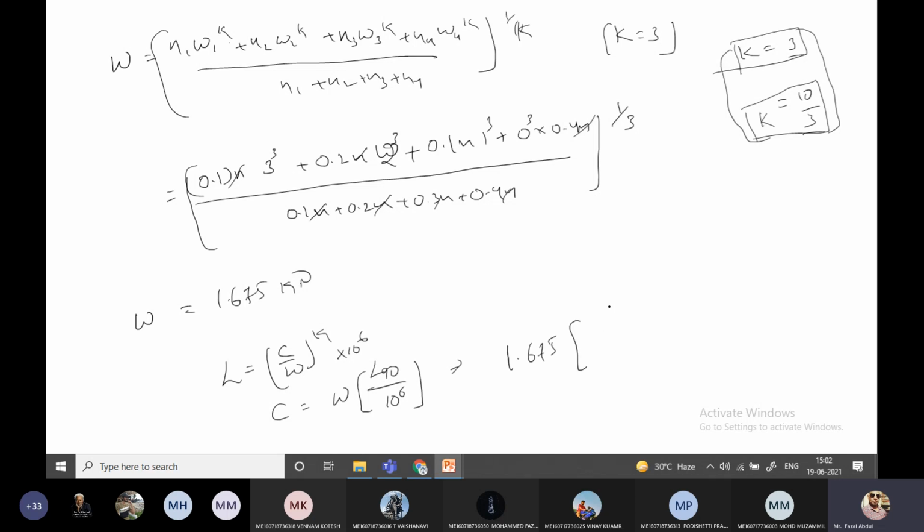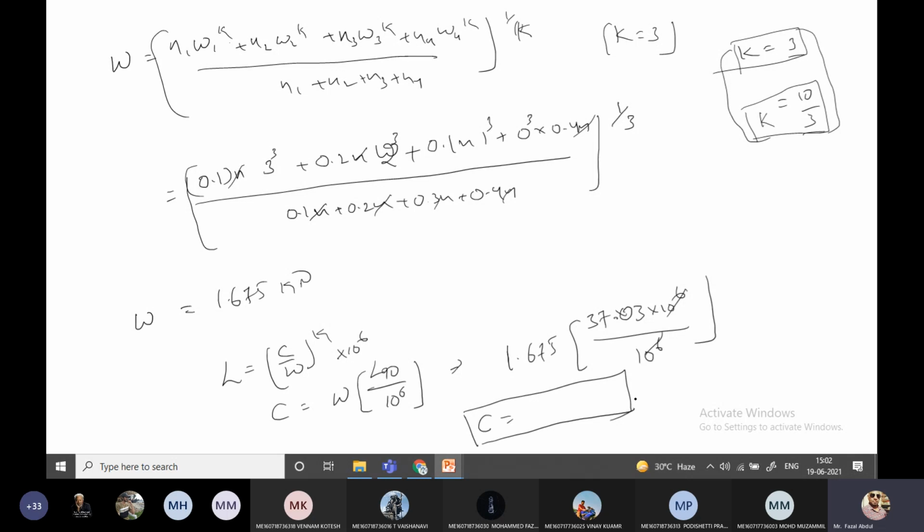For 90% reliability we got 37.03 into 10 to the power of 6, divided by 10 to the power of 6. So 1.675 into 37.03, how much? Tell me the value of C, capital C, the dynamic load rating.